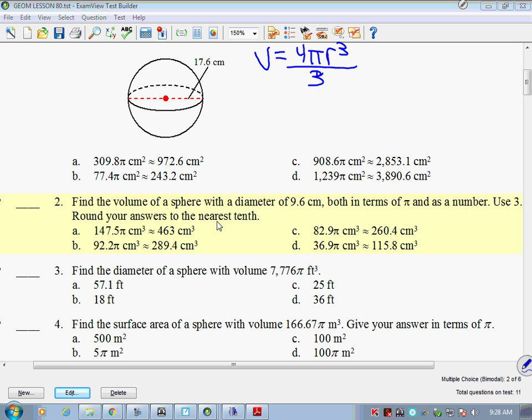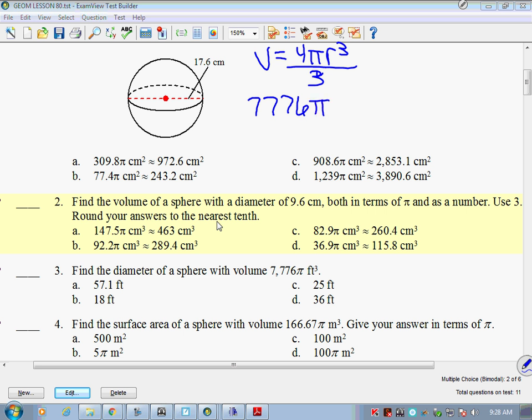But what can I substitute in for V in this question? 7,776. Anything else? Pi.